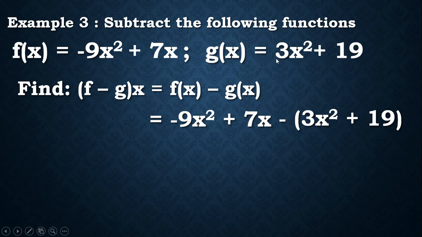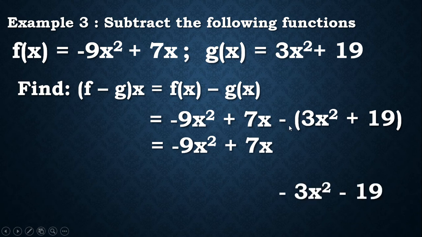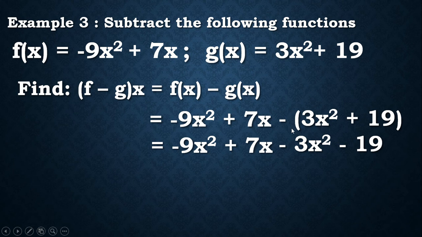We enclose this g(x) in parentheses to emphasize the operation which is subtraction. Then we copy negative 9x squared plus 7x, and perform the distributive property of multiplication. Negative times 3x squared, negative times positive, is negative 3x squared. Negative times positive 19, negative times positive, is negative 19.